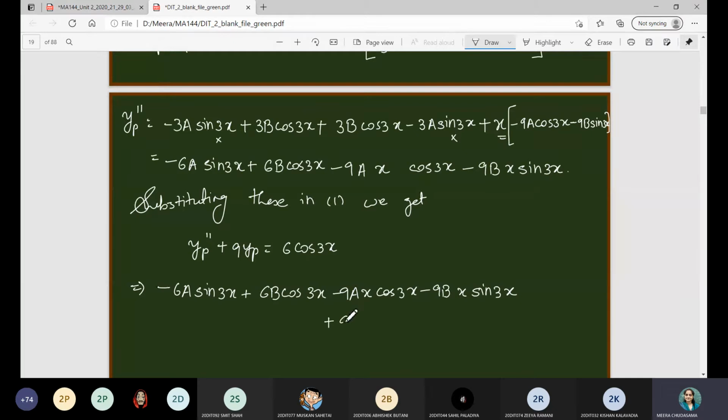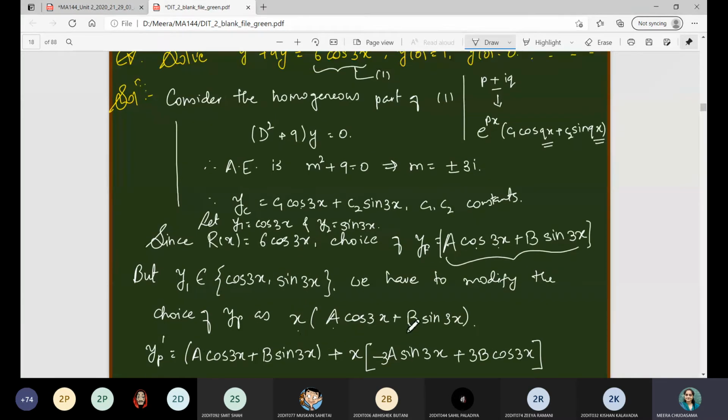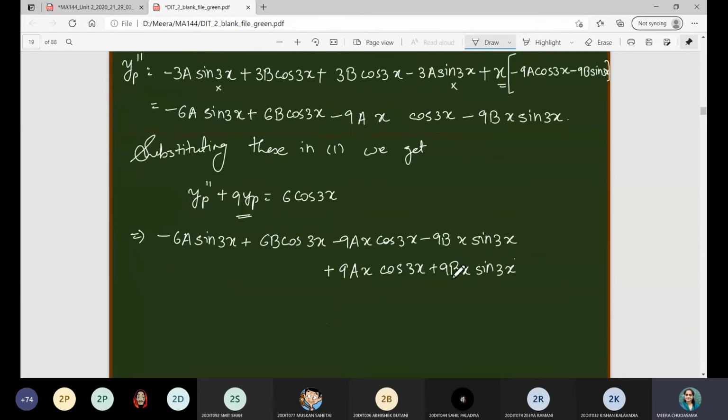So it will be plus 9ax cos 3x plus 9bx sin 3x. This is what I have written is nothing but 9yp, right? तो 9yp यहाँ पे आप देख सकते हो, it will be 9ax cos 3x plus 9bx sin 3x. So I have just written it over here, and that is equal to 6 cos 3x.